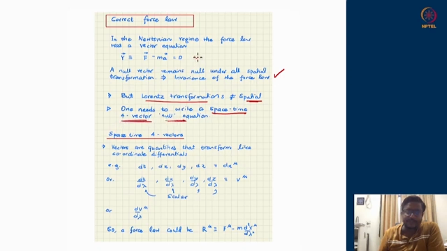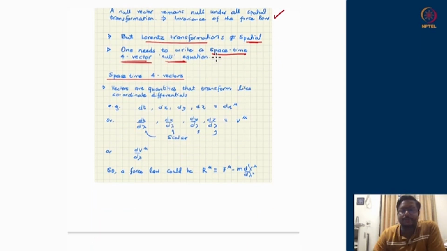Previously we wrote a null equation with respect to spatial vectors, and we were doing spatial transformations only, so everything was good. Now since we are forced to do space-time transformations, we should look for space-time 4 vectors which are null, just like the case of Newton's law. So that is our guiding philosophy: we will try to find 4 vectors and write down force equations in a null form of those 4 vectors.